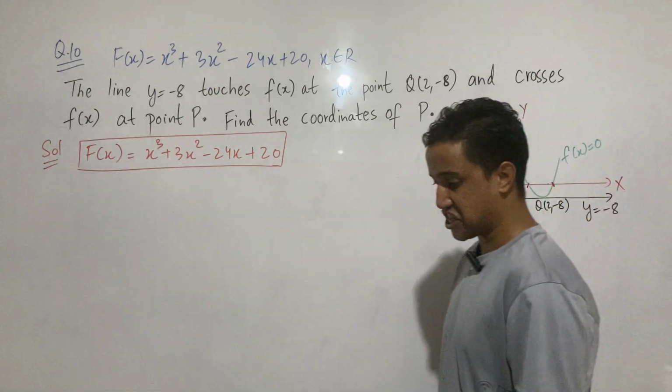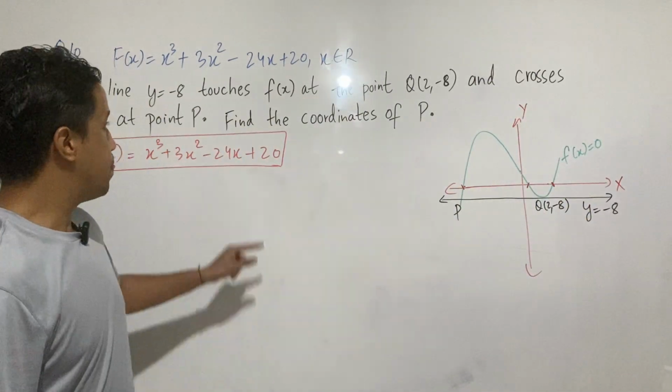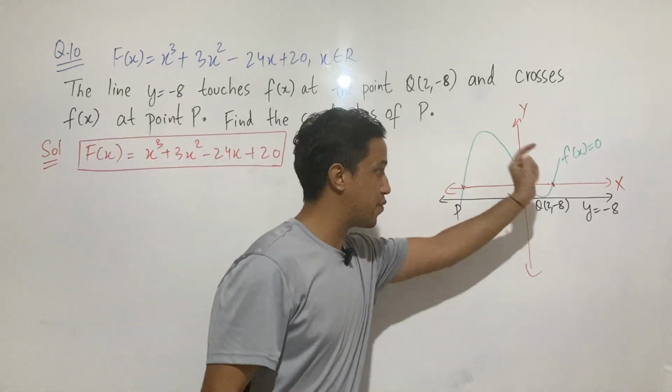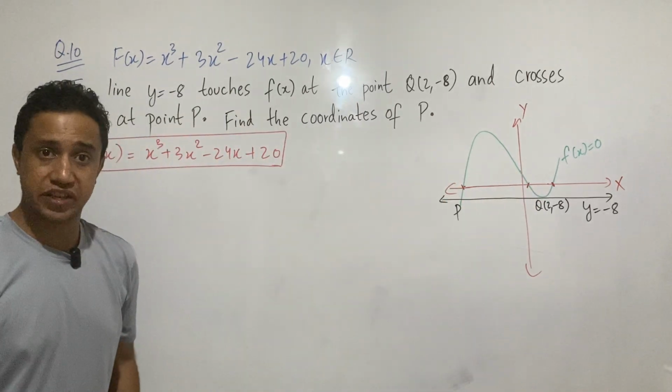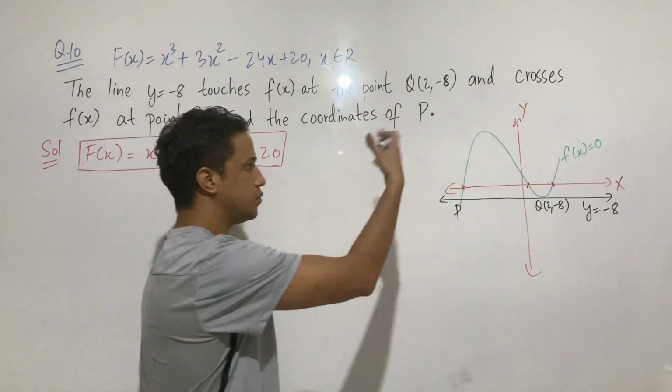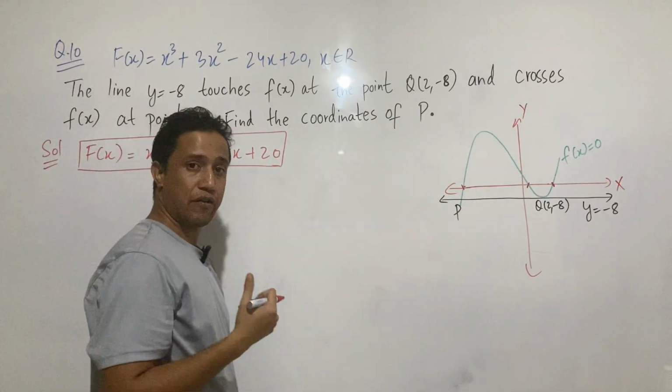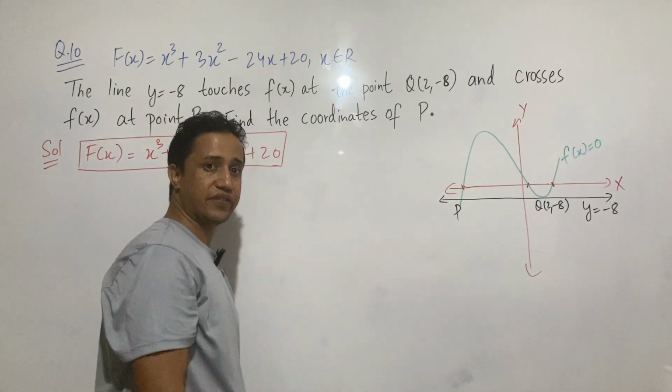So it means that this given cubic polynomial function has 3 zeros. But I don't want to find those zeros because that's not my requirement. I'm not asked to find the zeros.